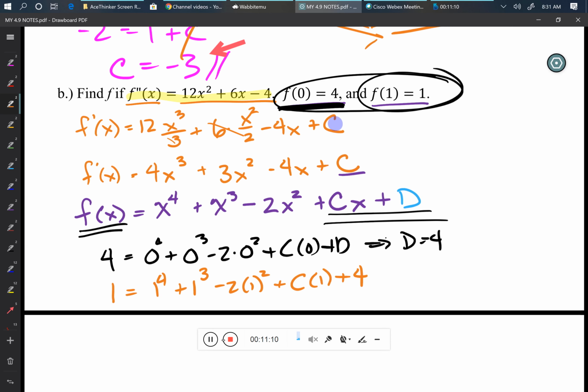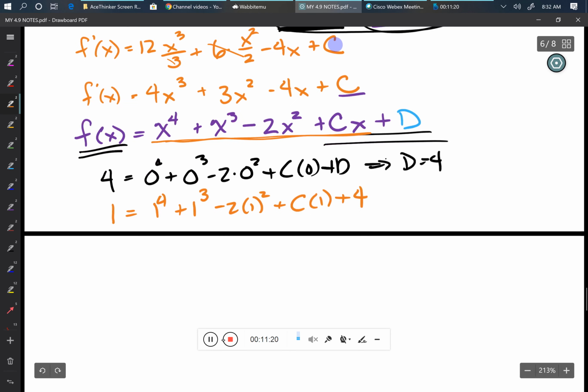Okay? So I took the purple equation here, plugged in 1 for all the x's and set the whole thing equal to 1. If I clean that up a little bit, I've got 1 is equal to 1 plus 1 minus 2 plus c plus 4. That all cancels. Negative 3 is equal to c.